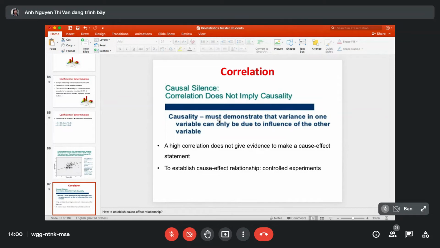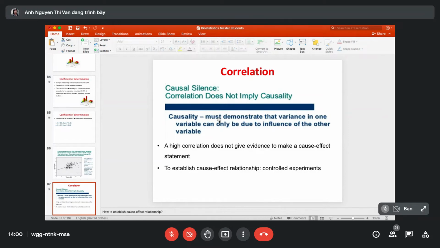It is just about correlation, and the coefficient of determination will tell you what percentage of the variability of one variable can be explained by the other variable. We don't have enough evidence to conclude about causality, the cause-effect relationship, if we use only the Pearson correlation. Remember that.